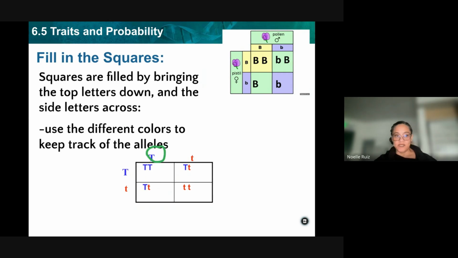So parent one's big T goes down, and then parent two's big T goes across. So in this box, you have one from mom and one from dad. Same goes for this one. So that T also goes in this box, and then the little t goes in this box. So you still have one from mom and one from dad.